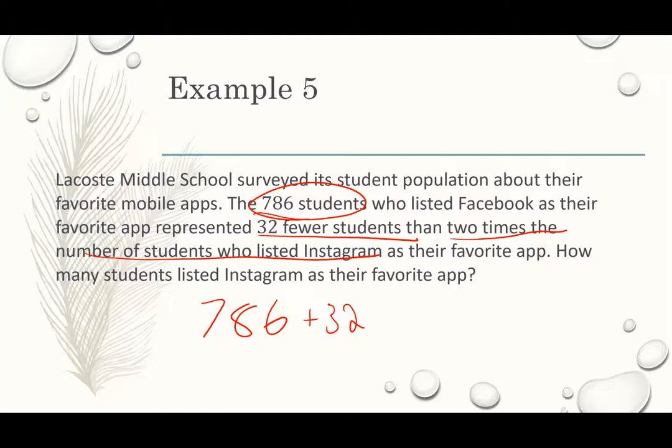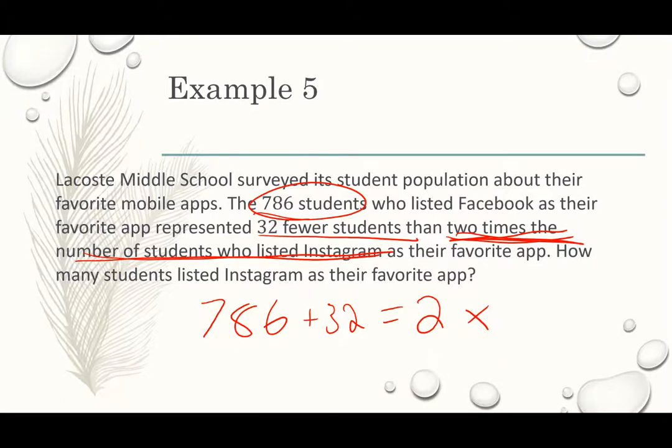So 786 plus the 32 is going to be the same as 2 times the number of students who like Instagram. So whatever Instagram is, multiply it by 2, and that's that result. So there's your equation. You have 786, add the 32 to it so that you're balanced, and that's going to be the same as double, 2 times the number of students who listed Instagram as their favorite.